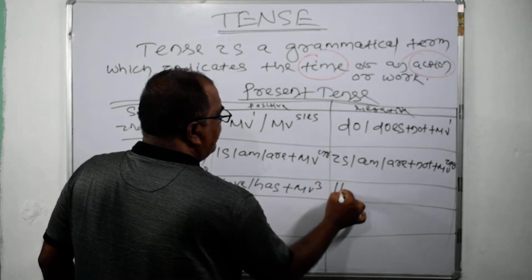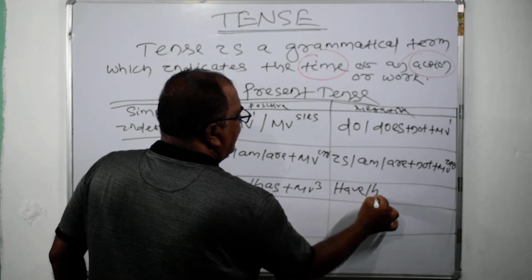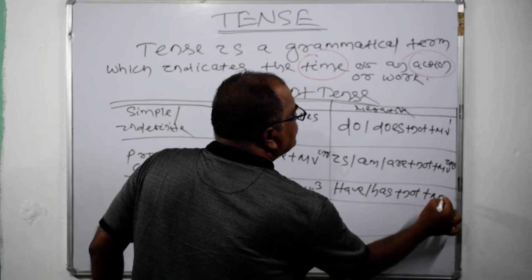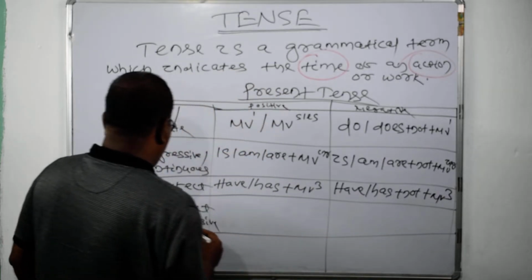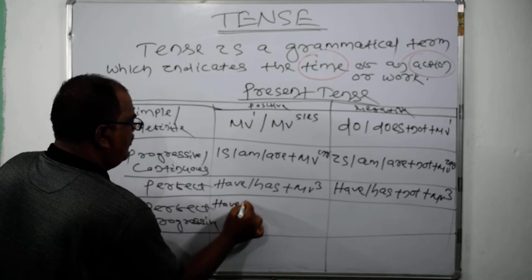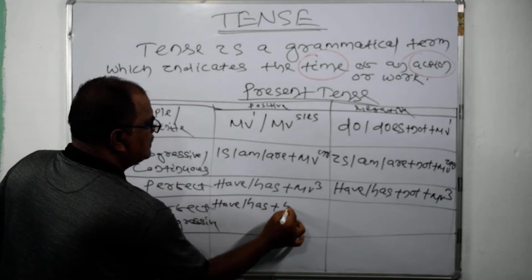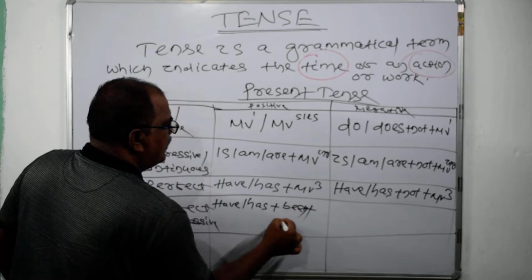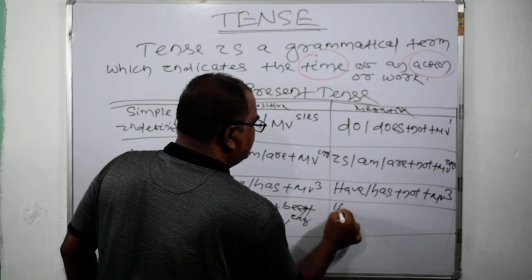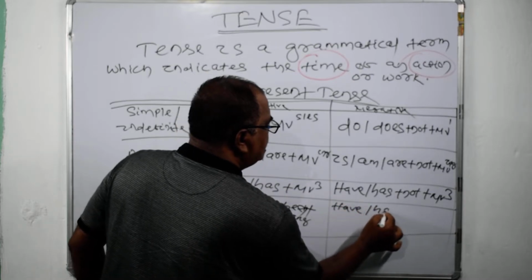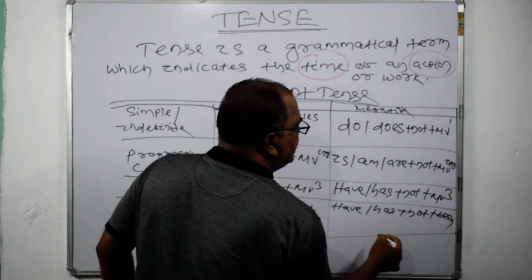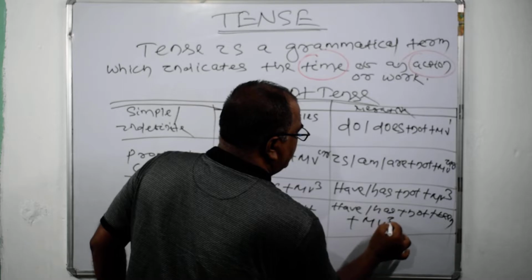Its negative form is have or has plus not plus MV3. Perfect progressive, present perfect progressive: have or has plus been plus MV ing. Its negative form is have or has plus not plus been plus MV ing.